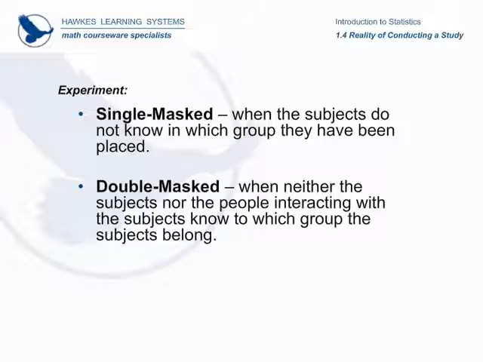Then we also have double masked experiments, and that's when neither the subject nor the people interacting with the subjects know to which group the subjects belong. So in a double masked experiment, the subjects don't know if they're in the experimental or the treatment group or the control group, and the researchers don't know either.